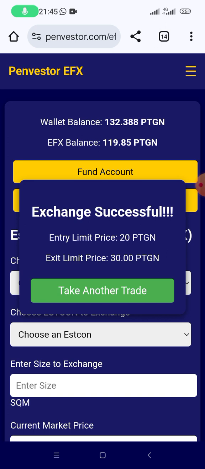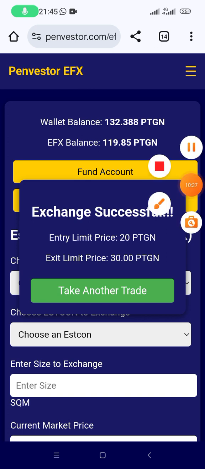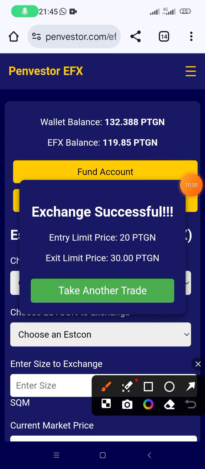Nigeria network is not stable, but you see the entry limit price is 20. It has just shown the entry limit price is 20, and now the exit limit price is 30, which means I made a profit of 10 PTGN. That is 10,000 naira from this particular trade. So I think my balance was 140.